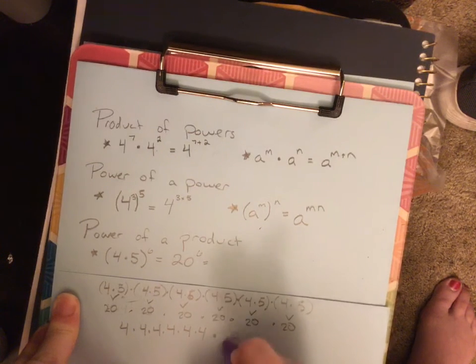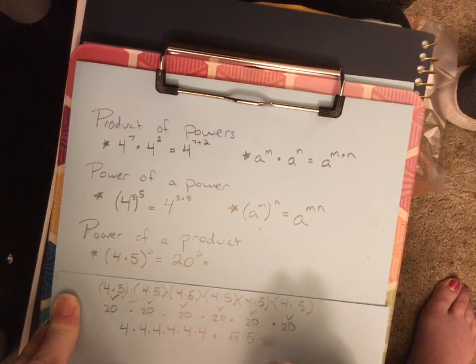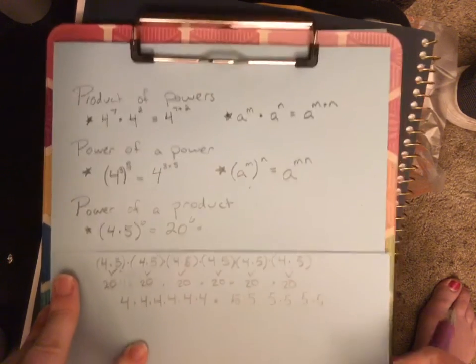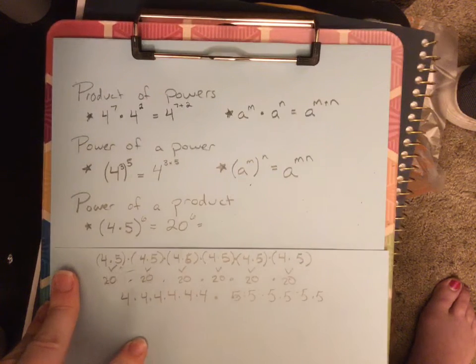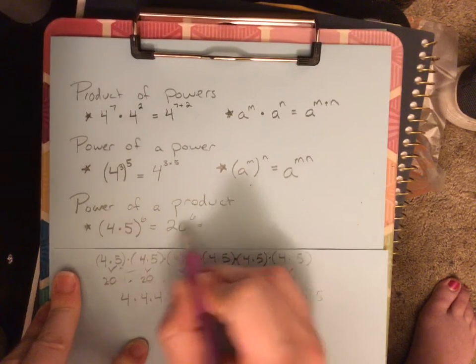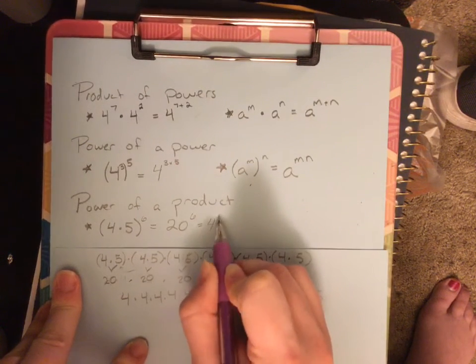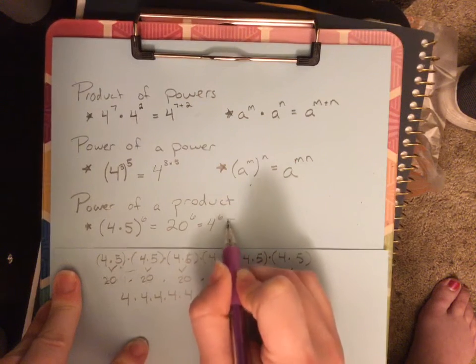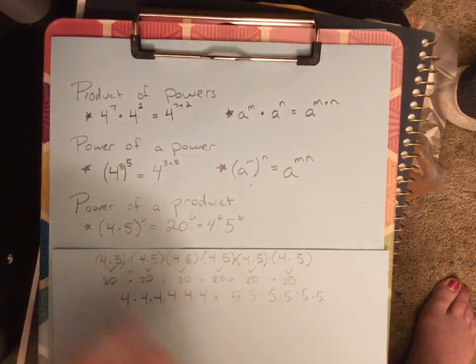Oops, so used to writing 4s. 5 times 5 times 5. And so on. I need to pick smaller numbers for powers. And then this is the same as 4 to the 6th power times 5 to the 6th power.